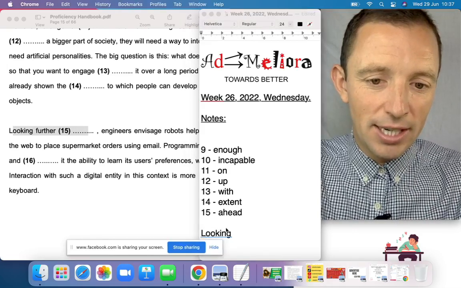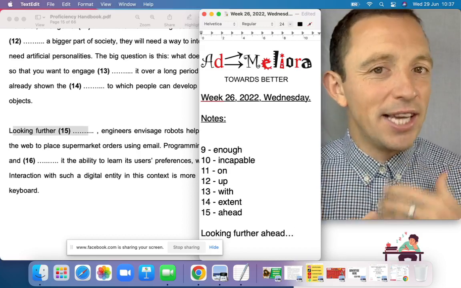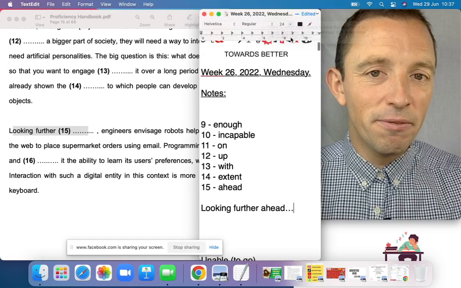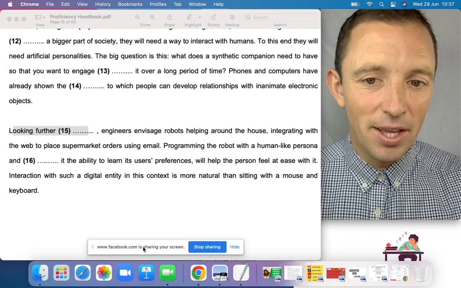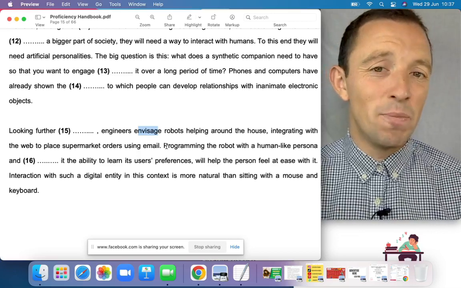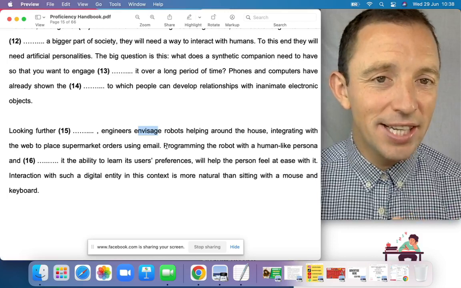And let me just write that there so you can see it. Looking further ahead. To next week, to next weekend, to the future, looking further ahead is very comfortable in that sentence. Engineers envisage, very difficult vocabulary, and it's similar to predict or forecast. Engineers forecast, engineers predict.